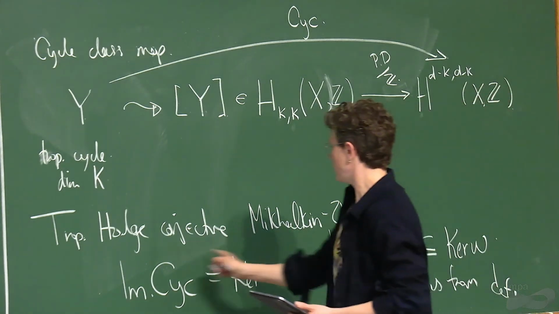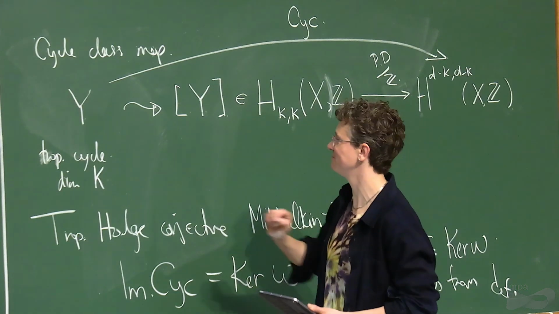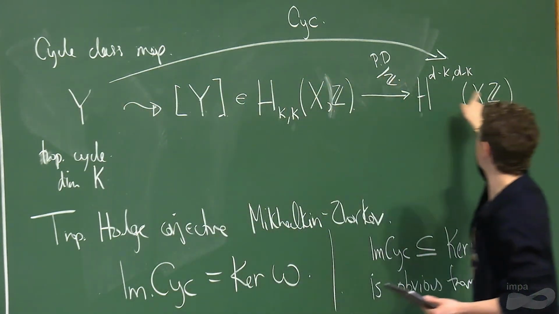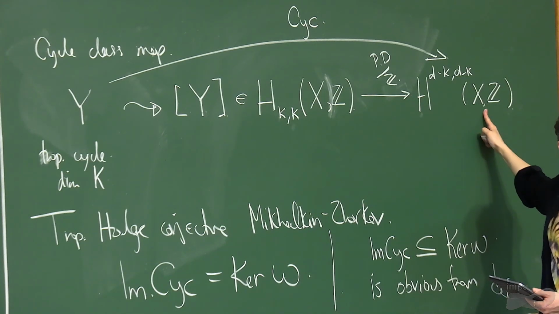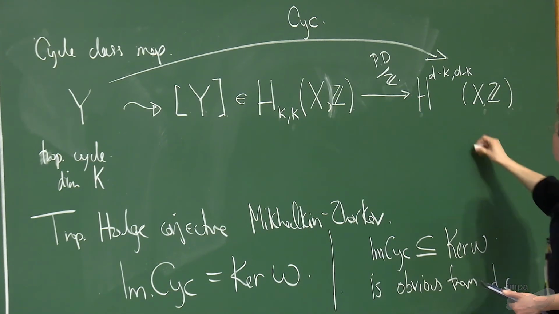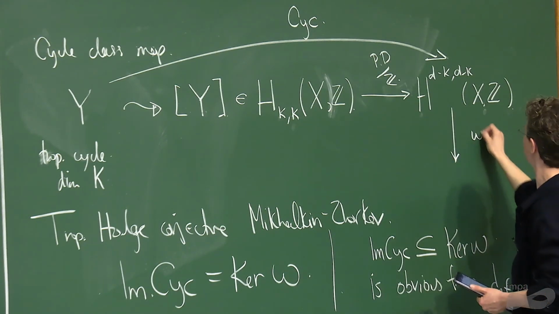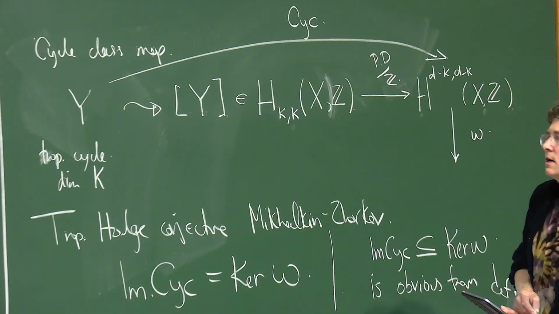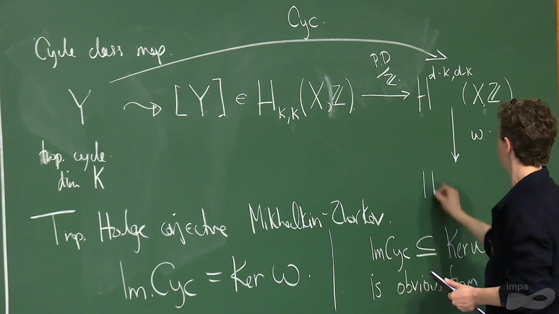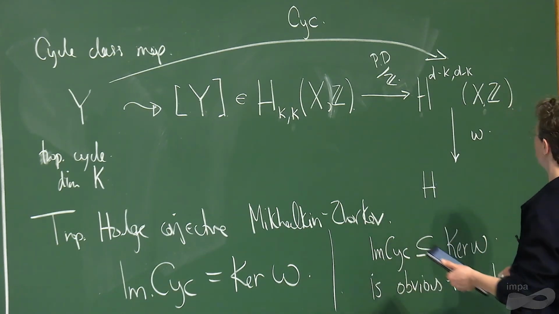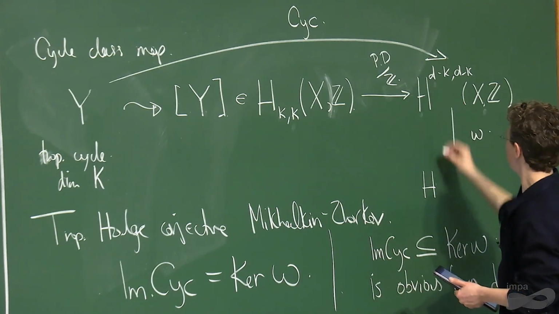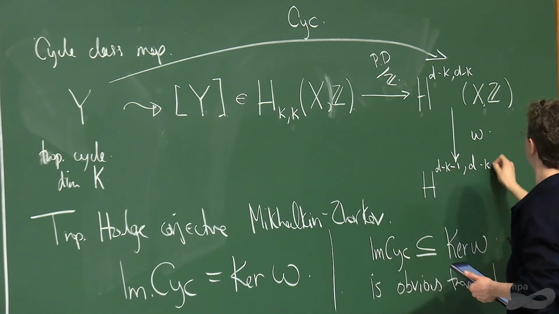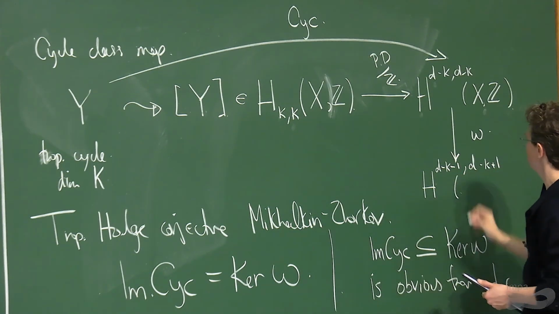So then, okay. There's one subtlety here. This Y lands in something with Z coefficients. The W map on the cohomology, if I do it just once, so let me get this right, it's going to decrease the first index and increase the second index.